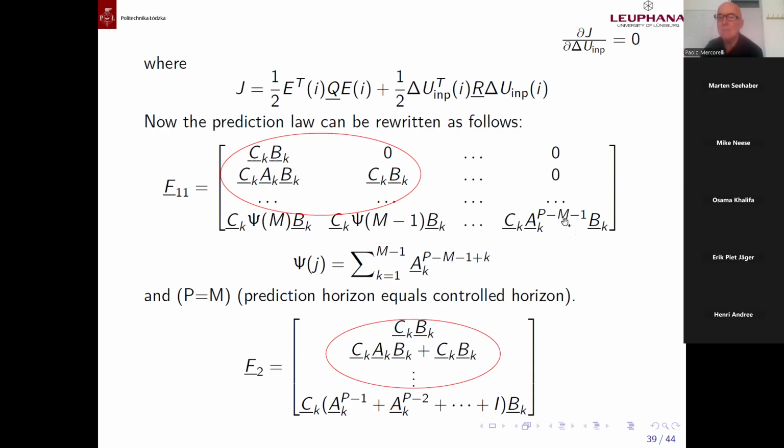But here M is P minus 1. At this position here. It's written basically here, no?